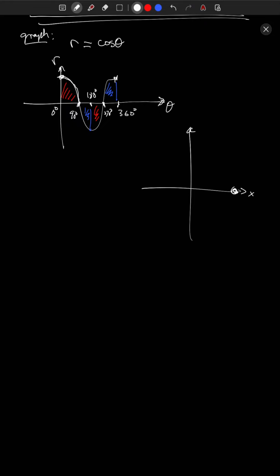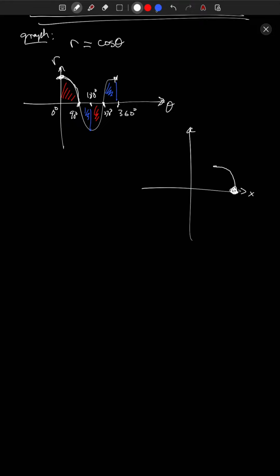Starting here, distance of 1, because this is just r equals cos theta, and cosine of 0 is 1. As our angle gets bigger and bigger, we should be getting closer and closer to the origin. It's going to look something like this, and when we hit 90 degrees, we should be at the origin.